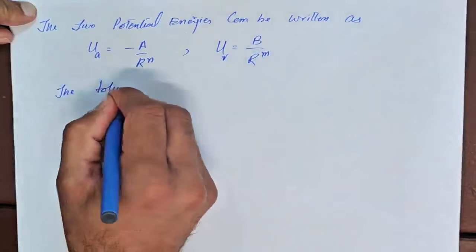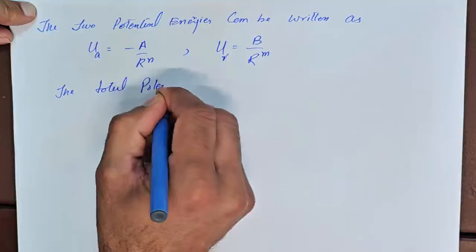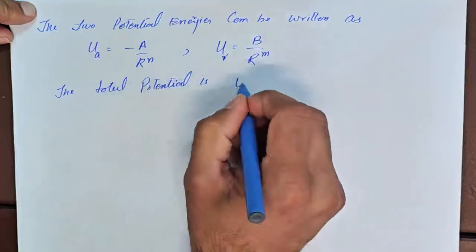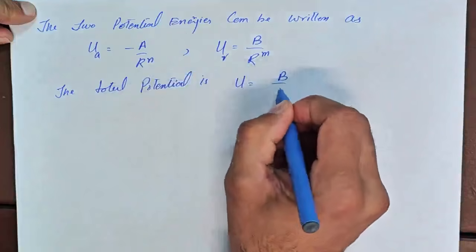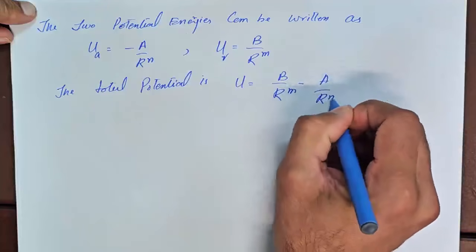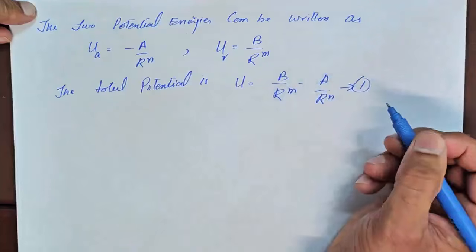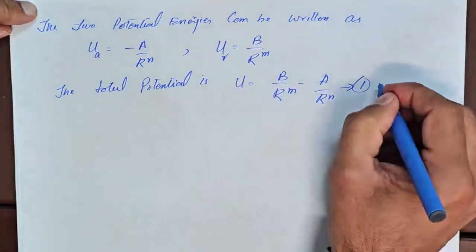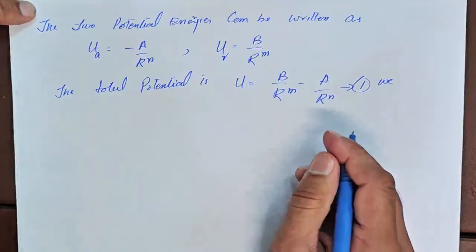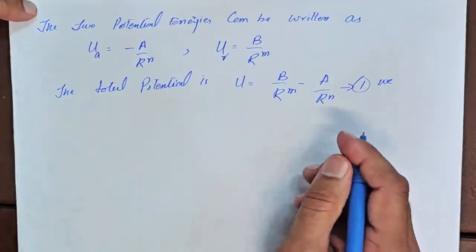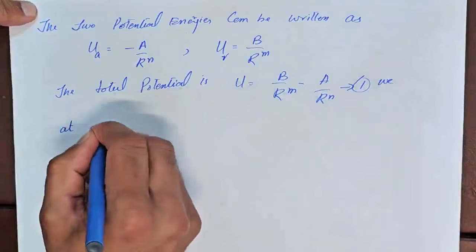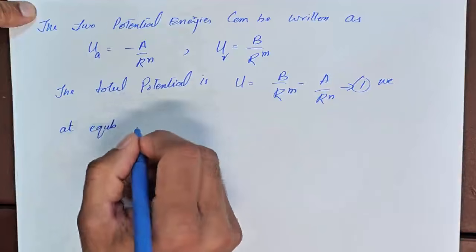The total potential is U = B divided by r^m minus A divided by r^n. This is equation 1. We need to find A and B in terms of m and n.